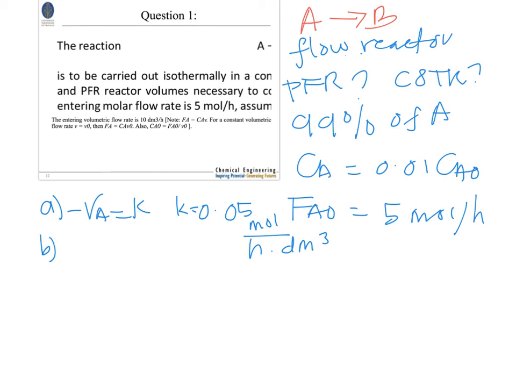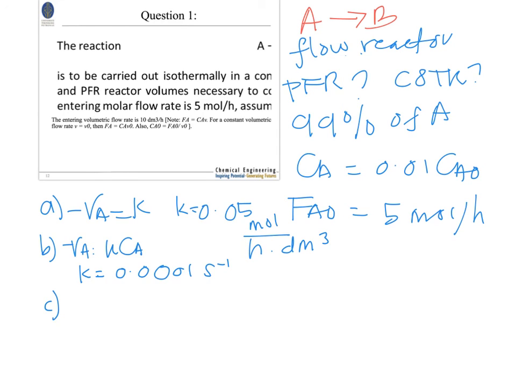For case B, minus RA equals k CA, where k equals 0.0001 per second.